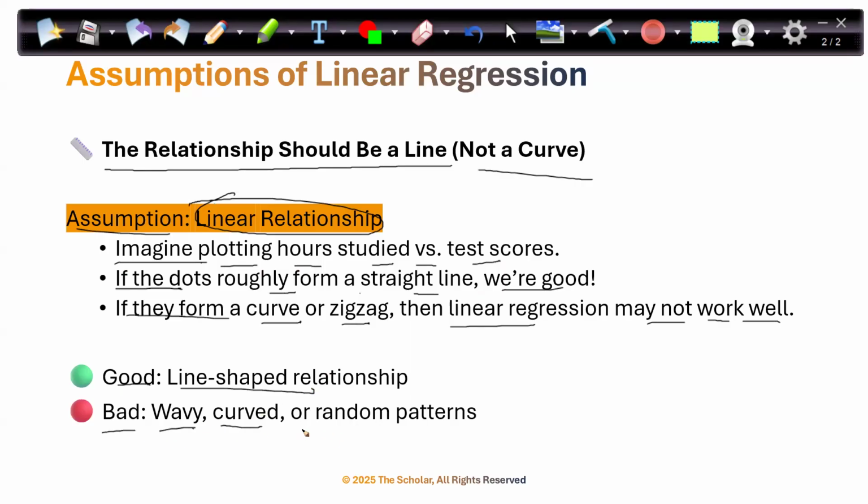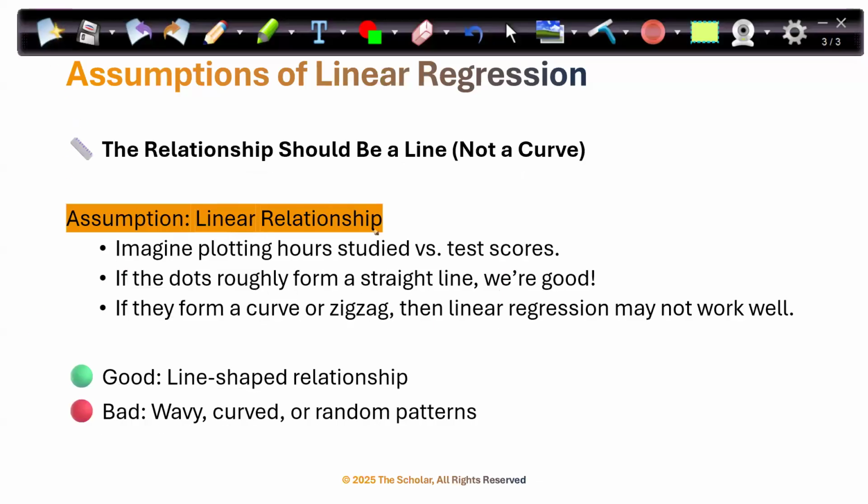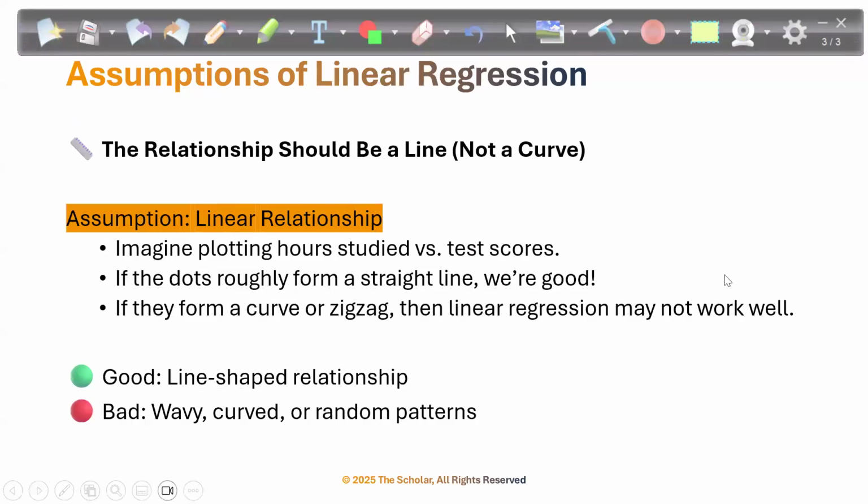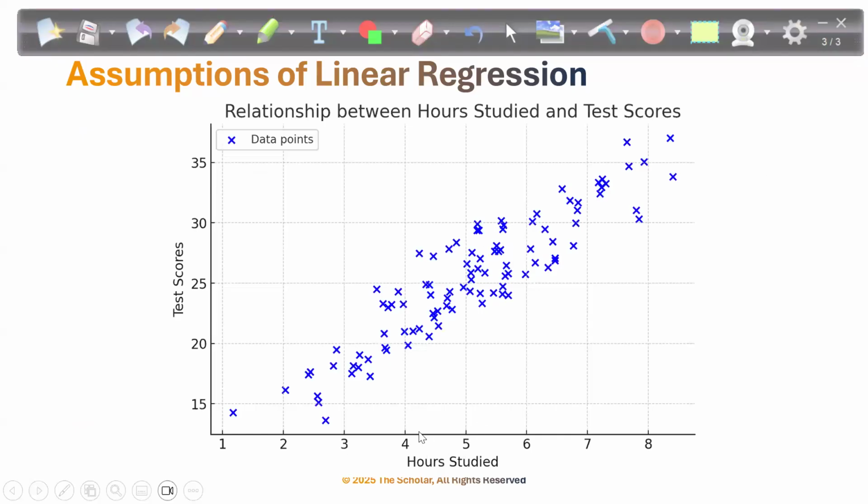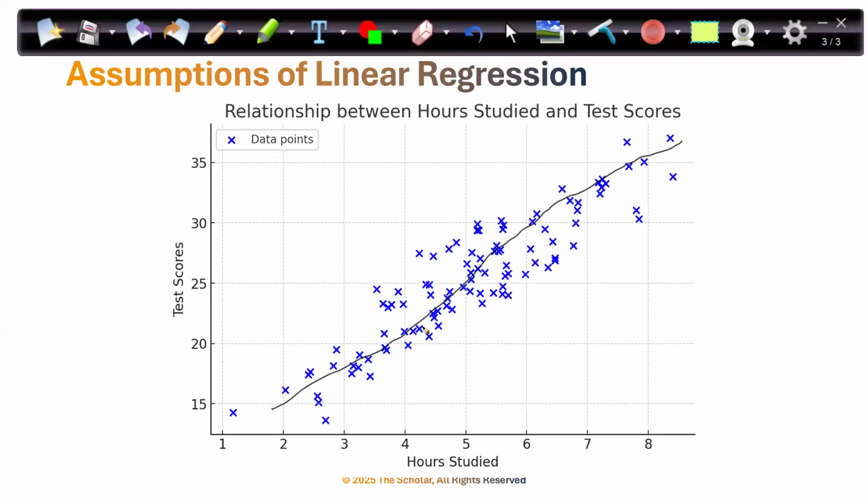Bad when it's wavy, curved, or random patterns, right? So that is the first assumption, that my relation should be linear in nature. You can see here also, it's a simple diagram of hours studied and test score, and I see that there is linearity and we are good. So in this particular data set, I can very well apply linear regression.